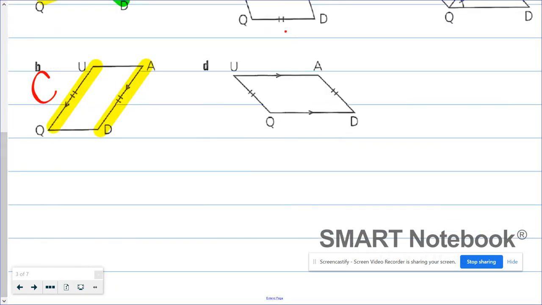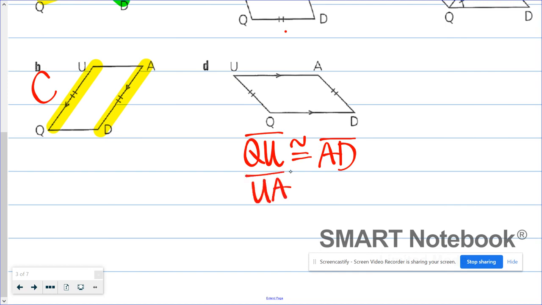When I look at D, I see that QU is congruent to AD, and I see that UA is parallel to QD. Okay, D is not a parallelogram.